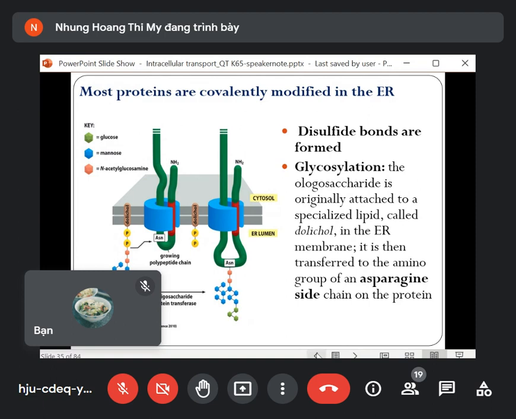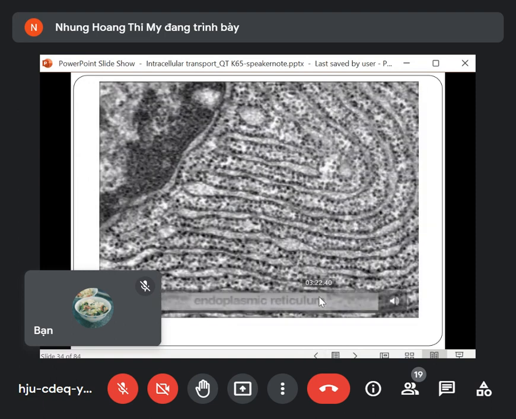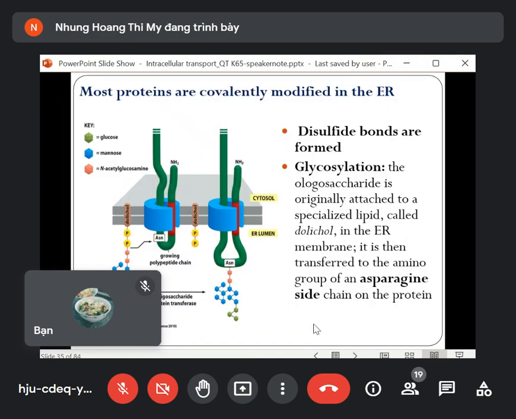Last time we stopped at this slide, at this movie showing the transportation of the soluble protein and the membrane protein into the ER. After the protein comes to the ER, most proteins are covalently modified in the ER organelle.